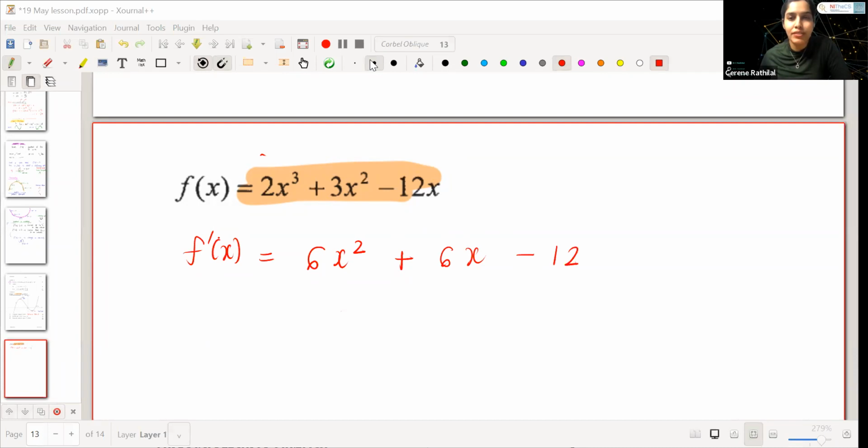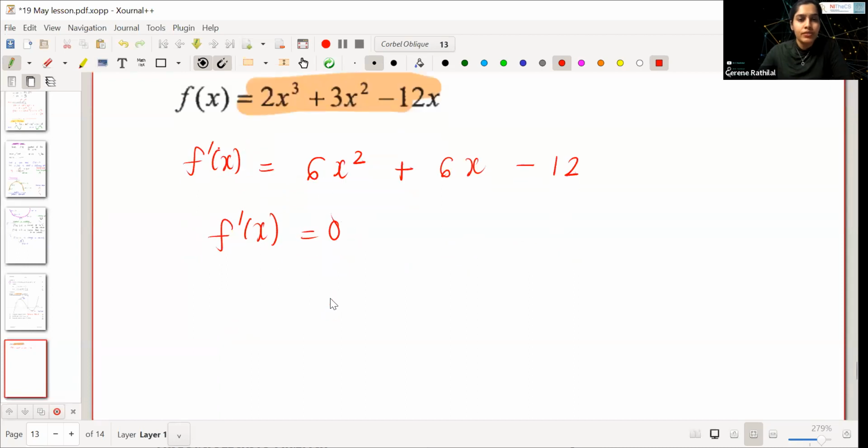Wonderful. And as per the chat box, our derivative must be equated to 0, and we must solve for x. So I want f prime of x equals 0. So that means we are solving 6x squared plus 6x minus 12 equals 0. So I see that I can factor out positive 6.